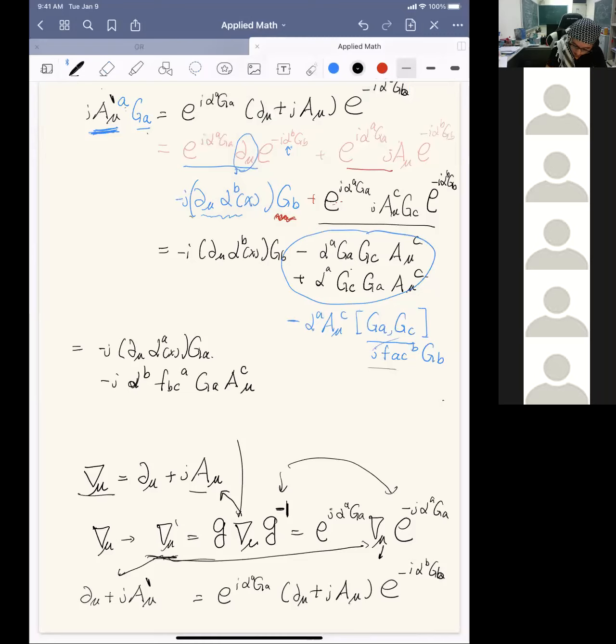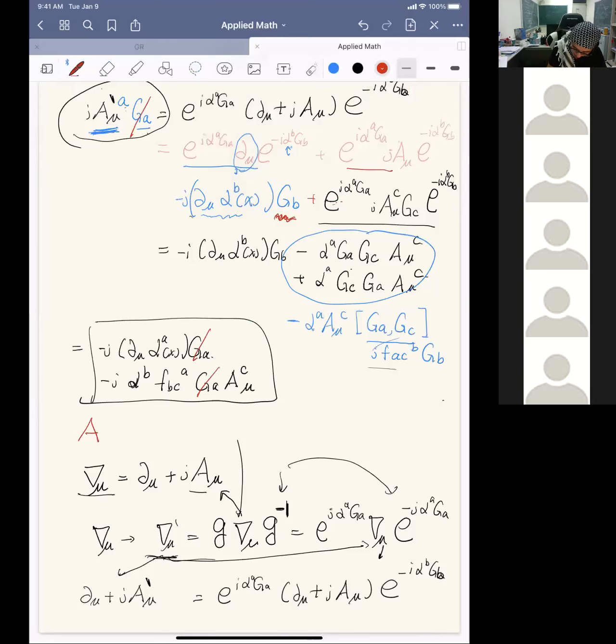Great. So now we see that the right-hand side is equal to this. So we can finally write down how A mu prime transforms. Since now we can remove the GA because everything is in terms of GA, they're the same thing.